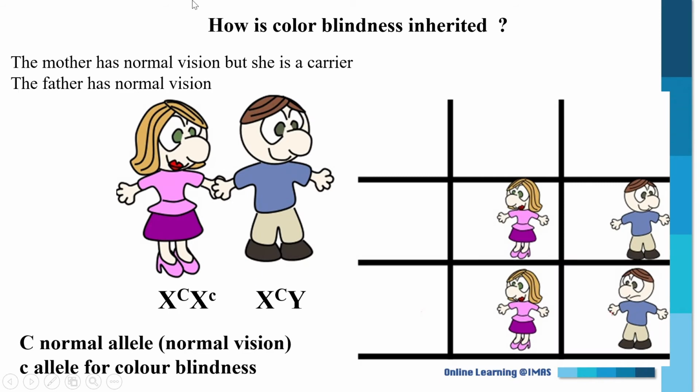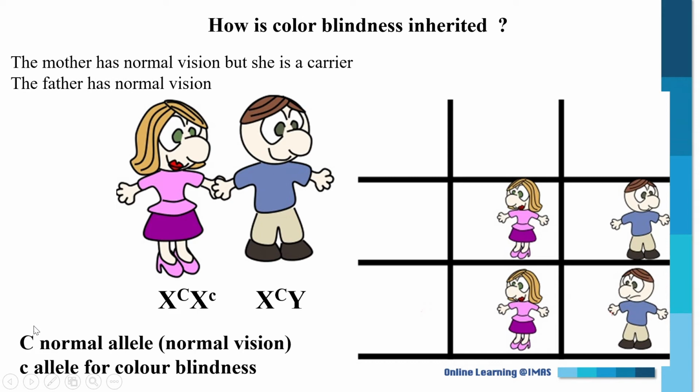Okay, how is color blindness inherited? We just said that the gene responsible for color vision is located on the X chromosome. So let's say the allele C for color is normal vision, and small c is color blindness.